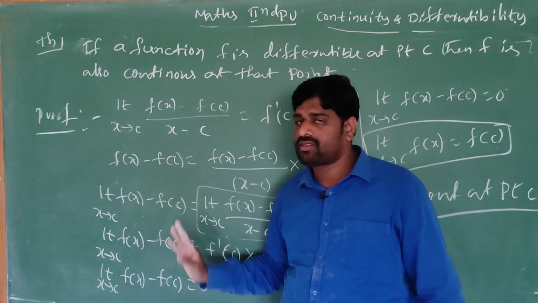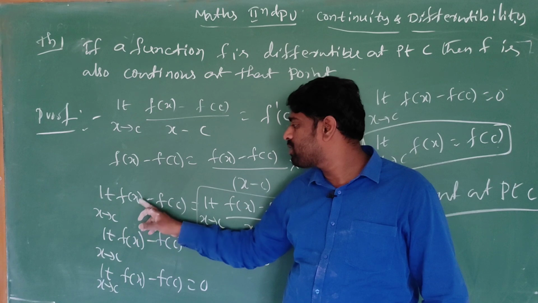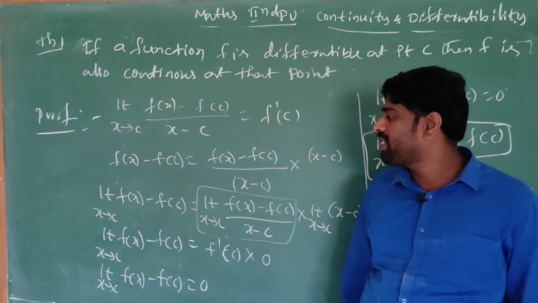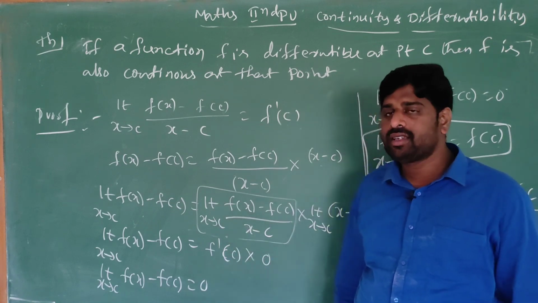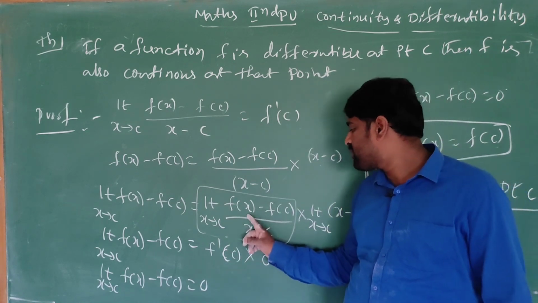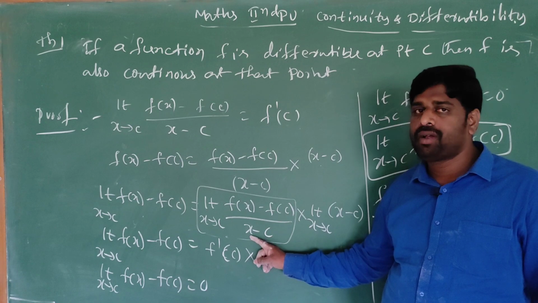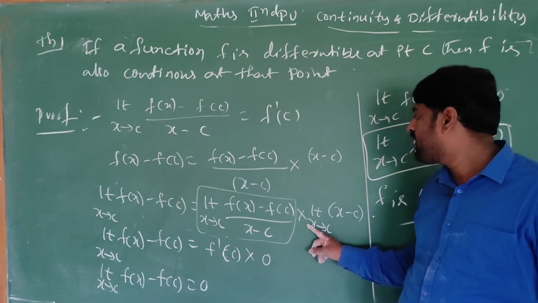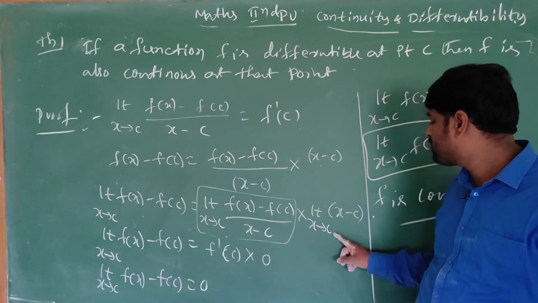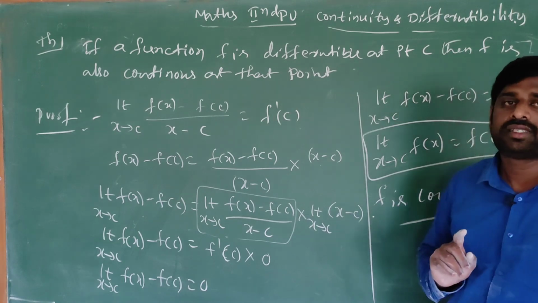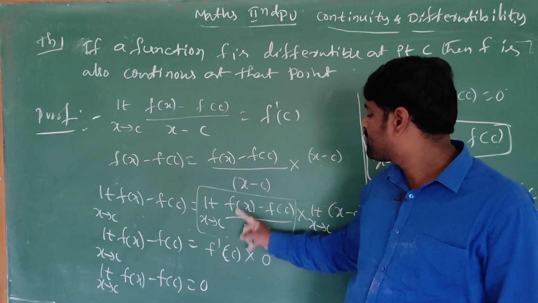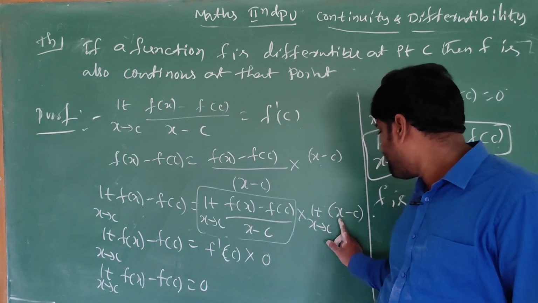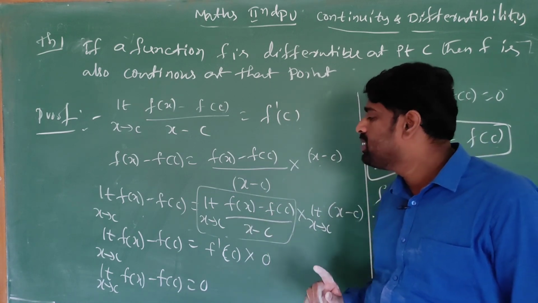Take the limit on both sides. Limit x tends to c, f of x minus f of c equals limit x tends to c, f of x minus f of c divided by x minus c into limit x tends to c, x minus c. And again this is nothing but f dash of c into, applying the limit, c minus c is 0.